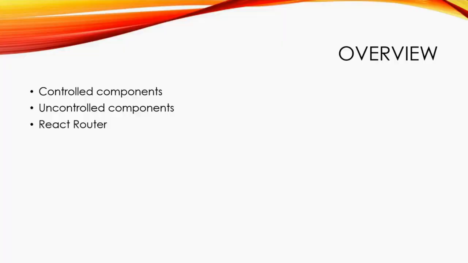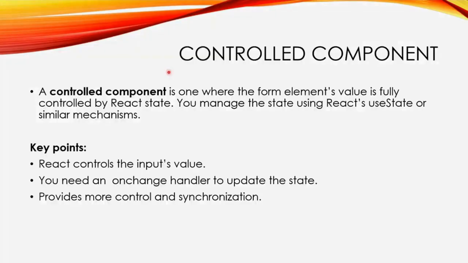Overview: controlled component, uncontrolled component, and React Router. In this, we explain the controlled component. A controlled component is one where the form element's value is controlled by React state.